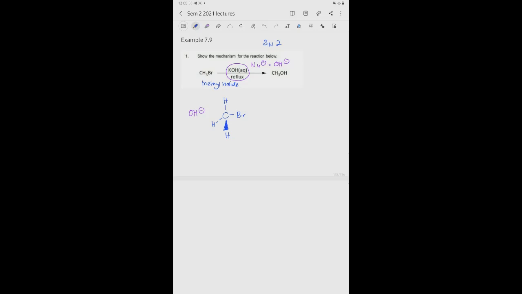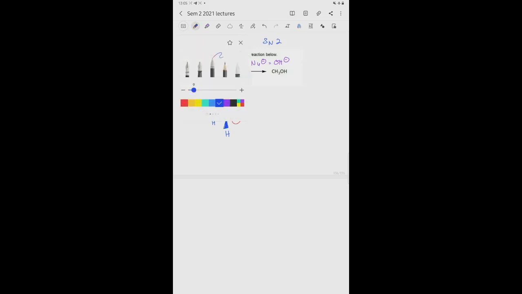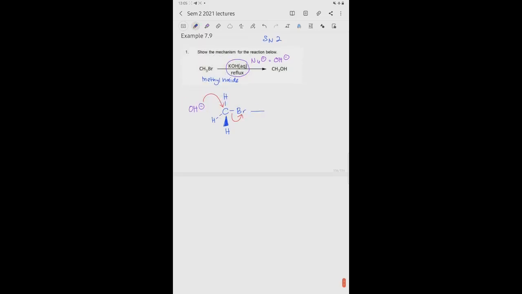Okay, so backside attack will occur. In the backside attack, the OH minus is attacked by the carbon. The bond between C and Br will break temporarily. Bond breaking involves a slow rate of reaction. And the product forms.